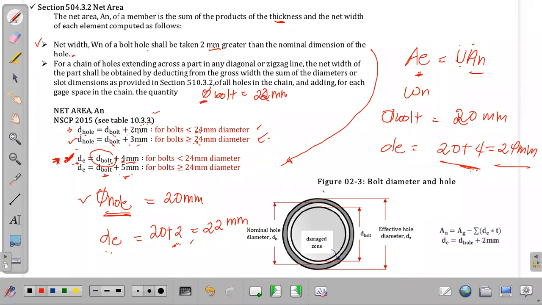What do we use to get the effective area, our DE? We use the diameter DE, our effective diameter, which is equal to 22. If it's a bolt, 22 plus 4, so it becomes 26 mm. Okay? Do you have any questions on this part? None?